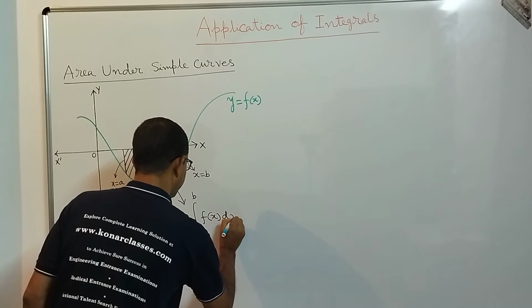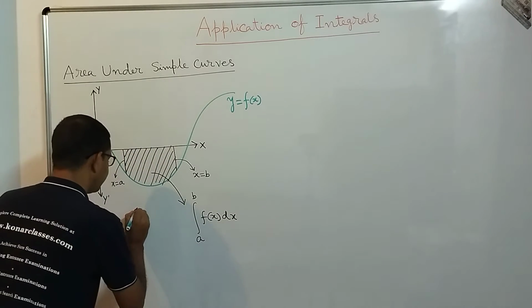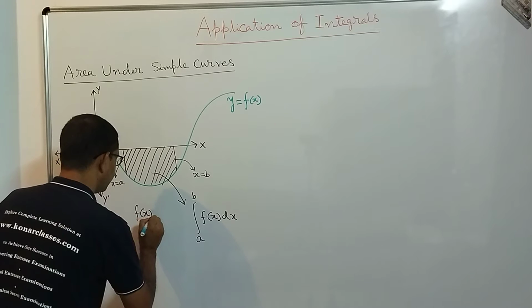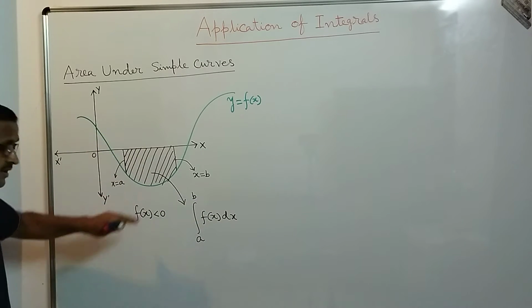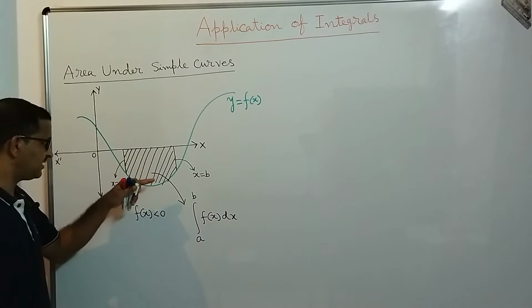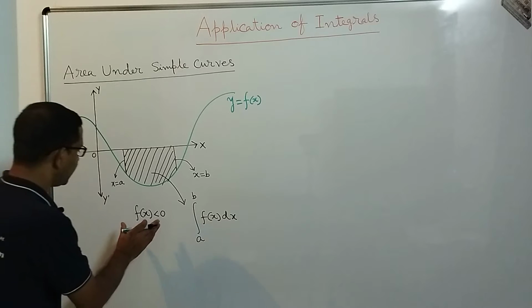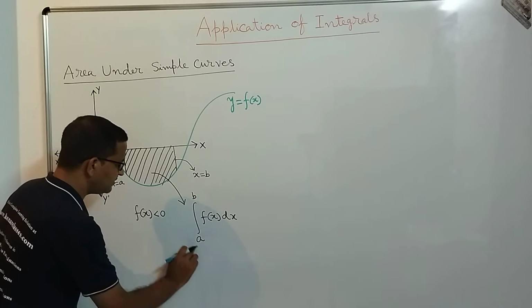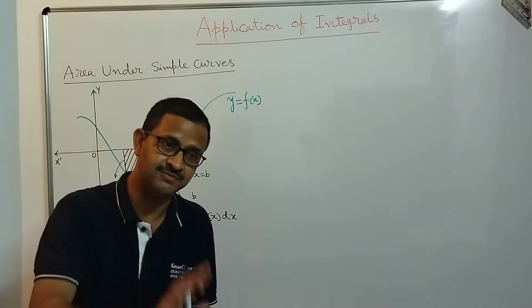Correct or not? But if you see, dear students, in this entire region f(x) is negative. f(x) is less than 0 because it is below the x-axis. So y is negative, that means y equal to f(x) is negative. So as f(x) is negative, you will find the value of this integration ∫ a to b f(x) dx as negative.